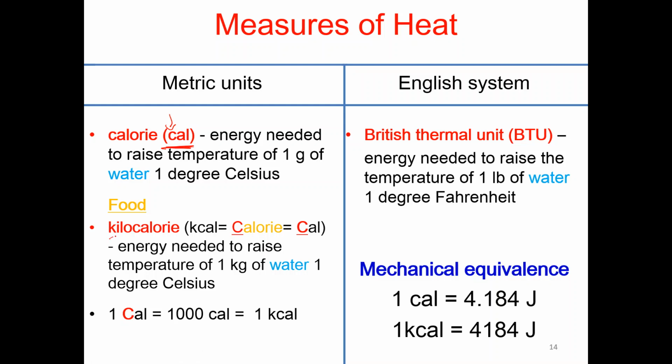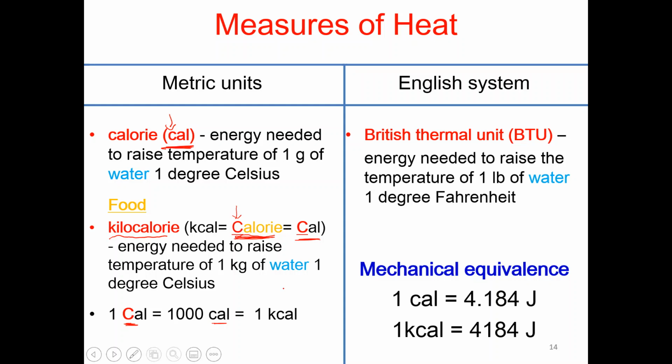The symbol for kilocalorie is a capital C, and we use the big C. In this case, the abbreviation is a small c. Then 1 Calorie with big C is equal to 1,000 calories with the small c. They are not the same, so we have to be careful and not confuse them.